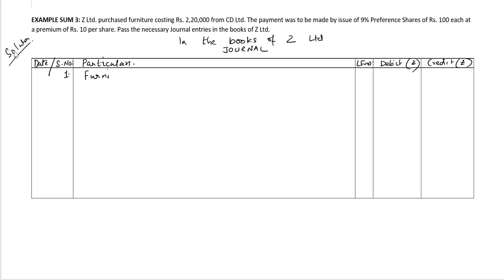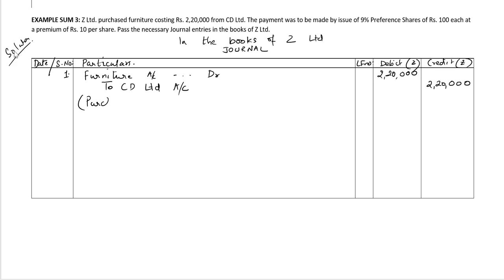Furniture account, debit. Furniture which has been purchased is 2,20,000 rupees. To the name of the vendor, CD Limited account, amount payable to CD Limited, 2,20,000 rupees.